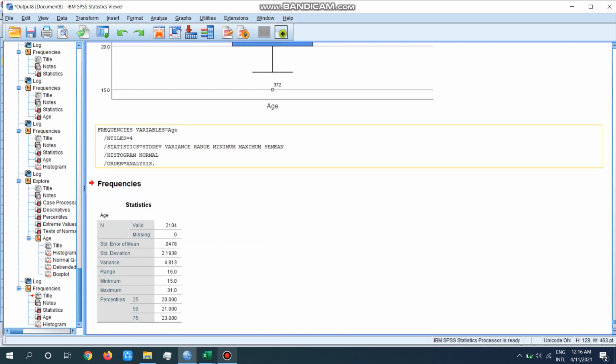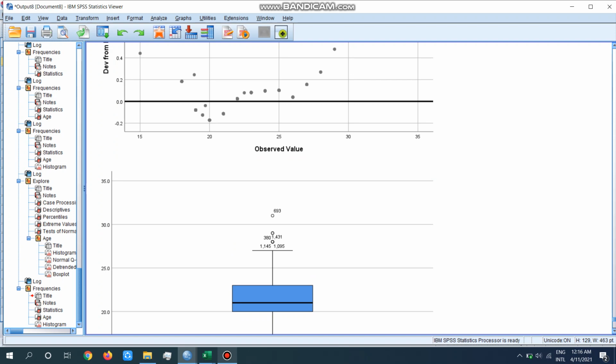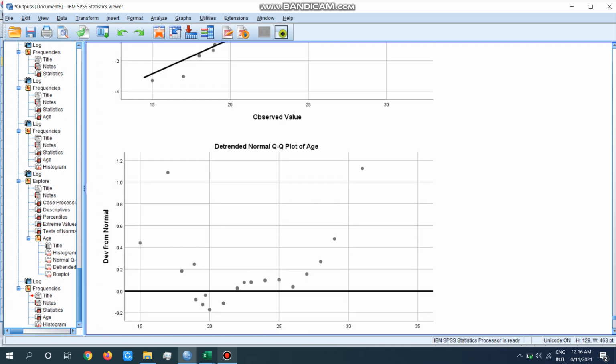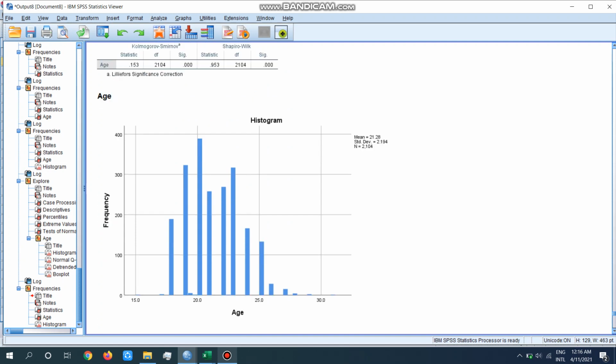Now, will this make a difference when you do the analysis? Actually, yes, because as I told you before, some tests assume that the data is normally distributed in that particular variable. So if this assumption is violated, you will not be able to go to that particular test. That's why it's important to do the normality testing before going to advanced statistics.